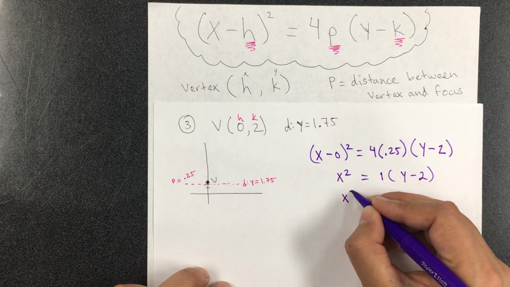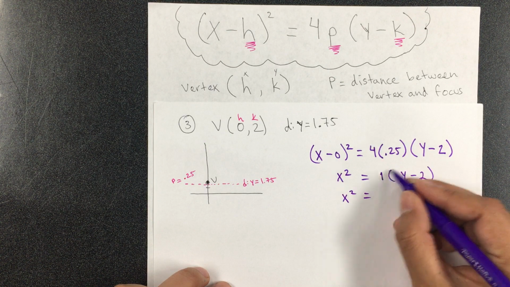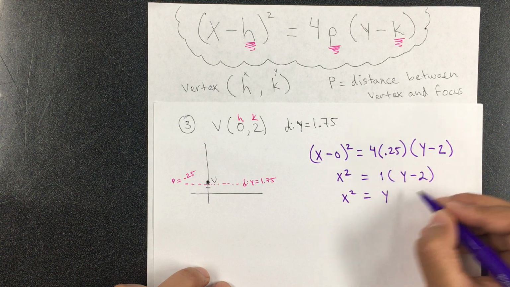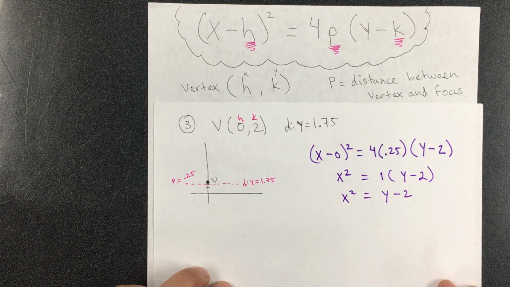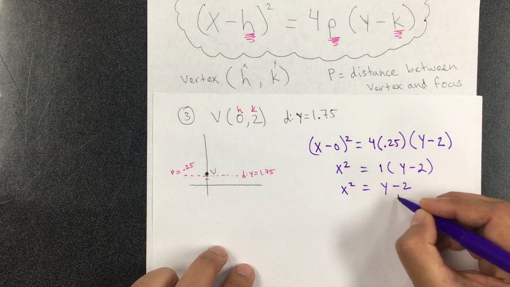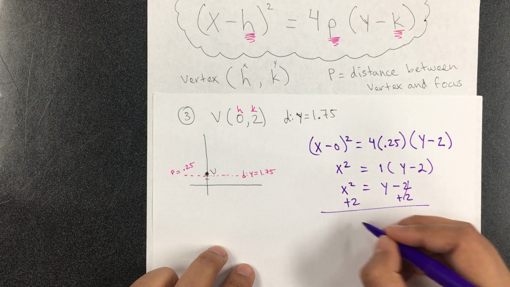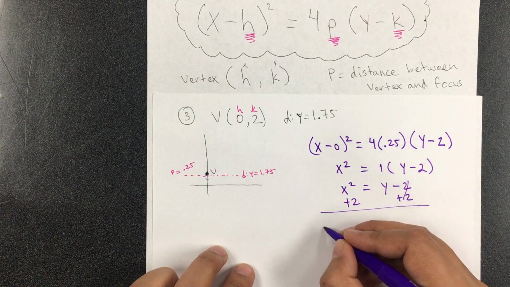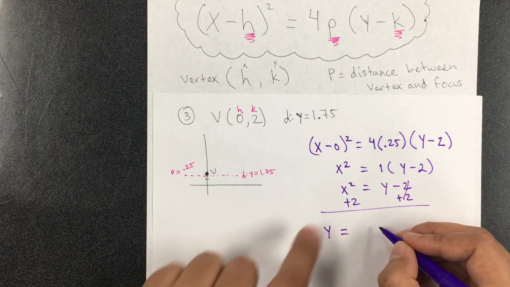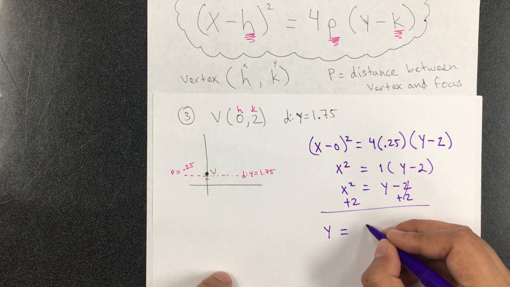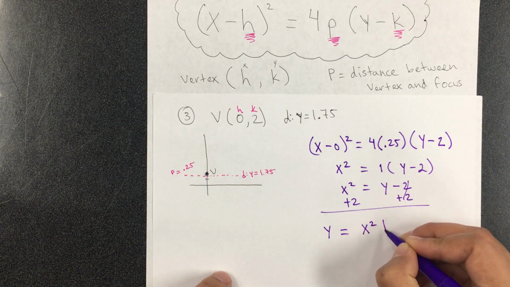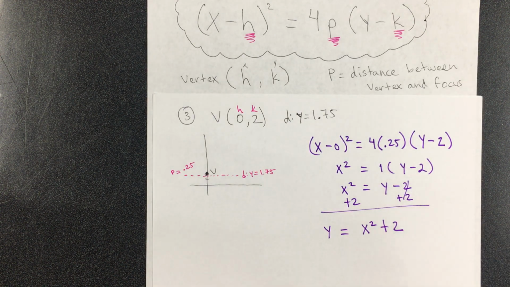And so it's x squared equals 1 times y is y, 1 times negative 2 is negative 2. I add 2 to both sides. And so I'm going to put y first. So y equals, these cannot combine, so we're just going to get x squared plus 2. And so that's it for this.